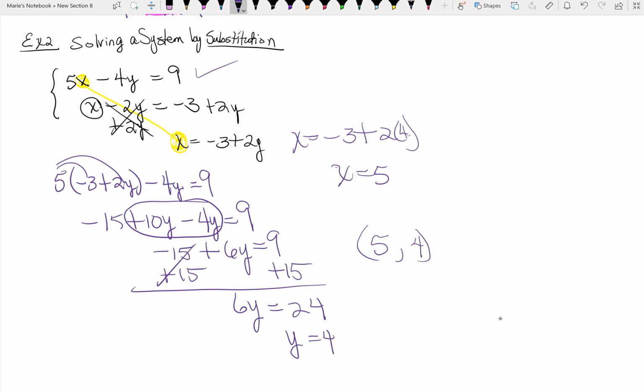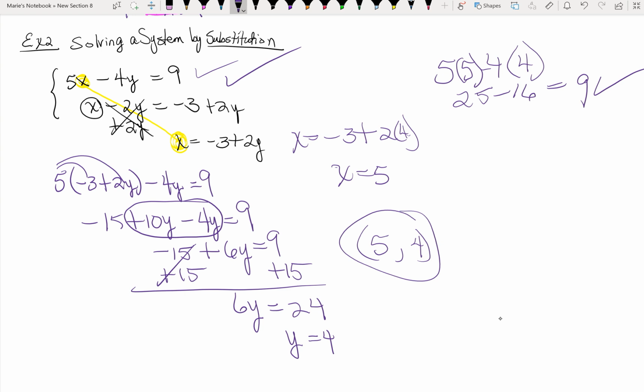So let's do it for the sake of practice. So if I do 5 times 5 minus 4 times 4, don't I get 25 minus 16, which is equal to 9? So we check out that the 9 works, right? We do the same thing here for the original.